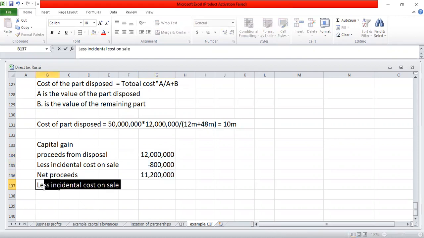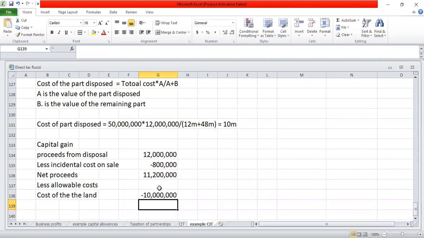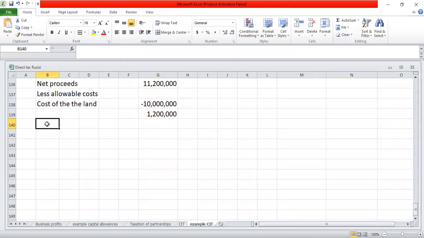Then less allowable cost, the purchase cost of the asset, cost of the land, which is 10 million. Then I can compute my capital gain. Then the capital gain tax at 30%. Then I compute that one.